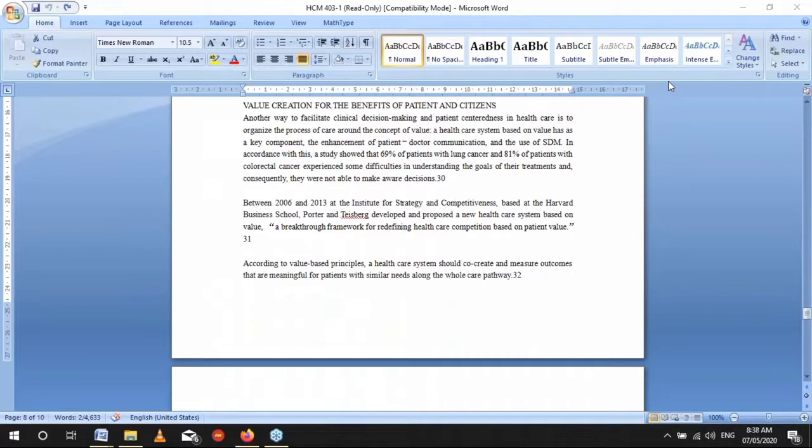But I only want you to understand that the 5 phase process used by a component of Six Sigma has to do with: number one, define, that is definition. Number two, you have to measure. Number three, you have to analyze. Number four, you have to improve. Number five, you have to control. So those are the 5 phase processes.